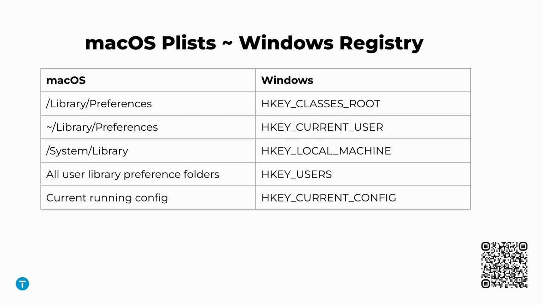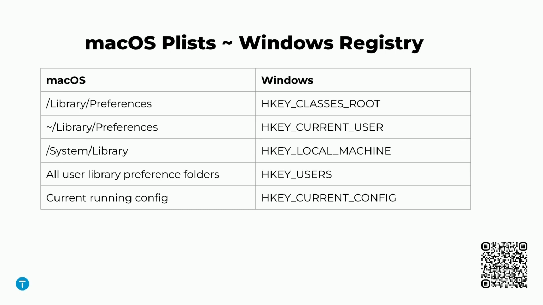Unlike plists, which are modular, registry entries are built on top of each other like a skyscraper. So if something goes wrong on one of them, all the other layers that are on top come crumbling down with it. And yeah, that's the big difference with the registry.